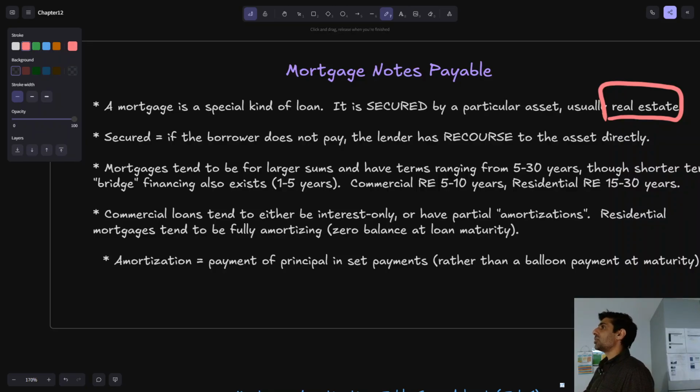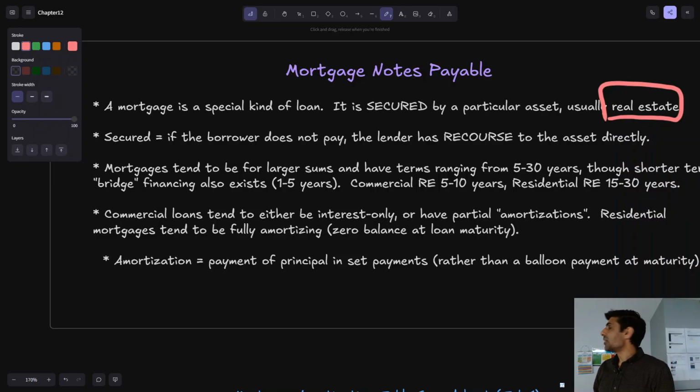The benefit to you as the borrower is that the interest rate will be lower because the risk is lower. That's why credit card interest rates are so high. It's unsecured lending, while a mortgage, maybe you're paying 22% on your credit card, but your mortgage is like 6%, because the riskiness of the mortgage is much lower since the bank has recourse to your house.